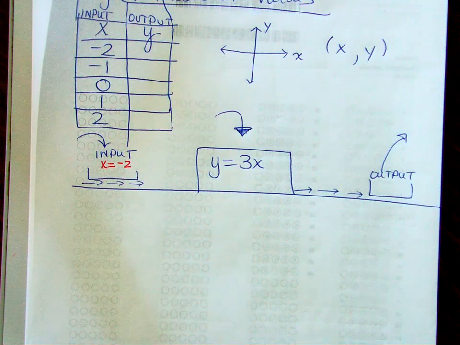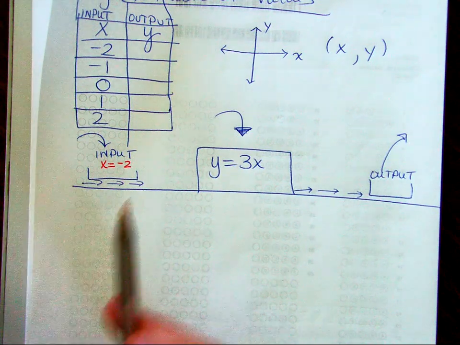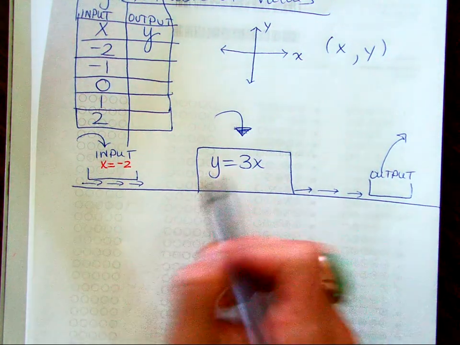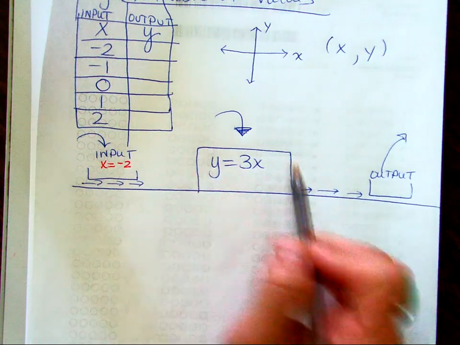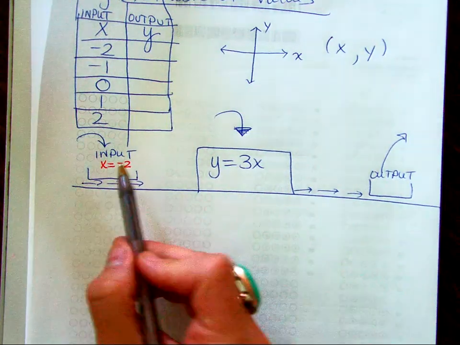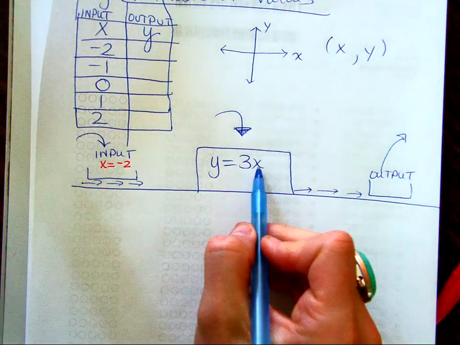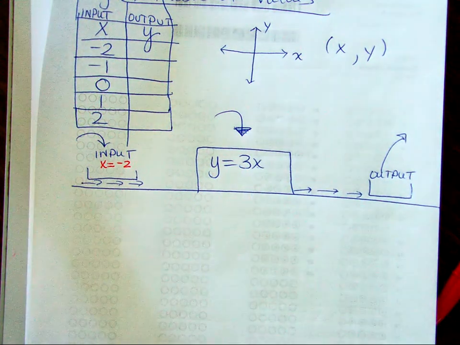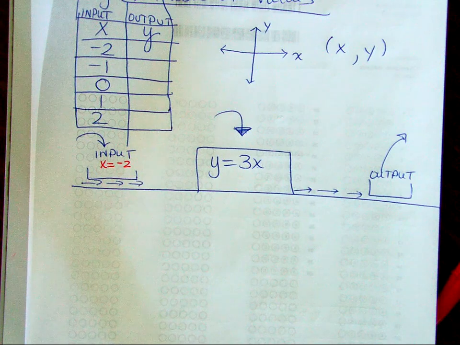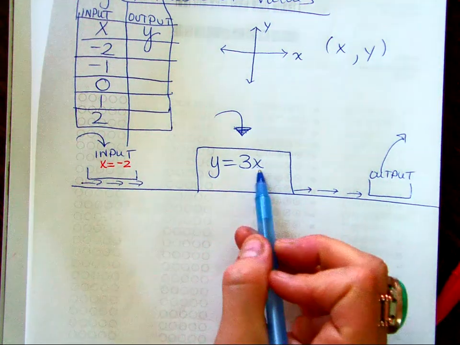So I'm going to put a -2 into that little basket. It's going to start rolling and moving. It's going to get in here, and this is where all the magic happens, right? So if x is -2, instead of putting x, you're going to put -2, right? And when an x is right next to a number, what does that mean?